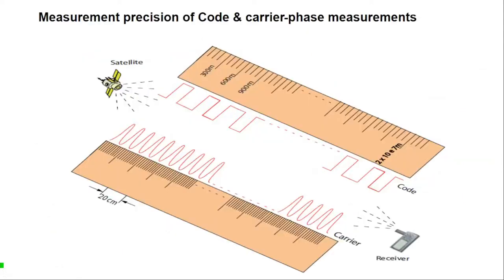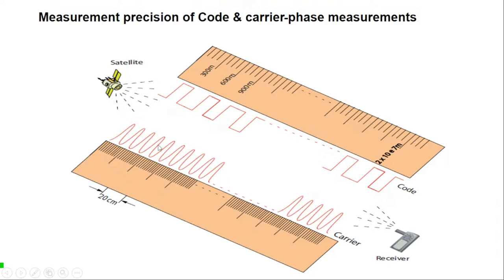This is the code signal, and this is the carrier signal. For a rough estimate, when we want the latitude, longitude, a priori information of the site, we use this code data. Very quickly we get this information through the code data. But when we go for high quality data processing, we use the carrier wave. Why carrier wave? Because it is like a Vernier caliper. We have very precise information of the phase.